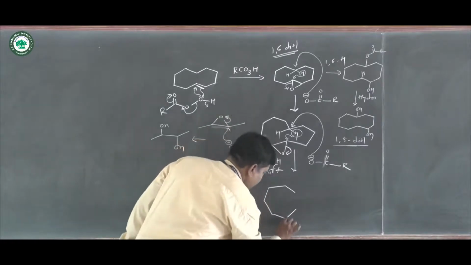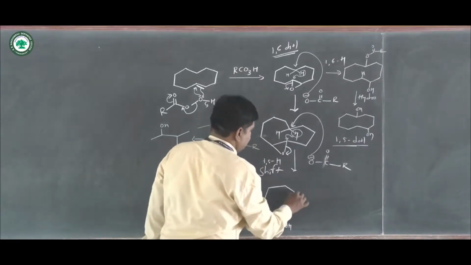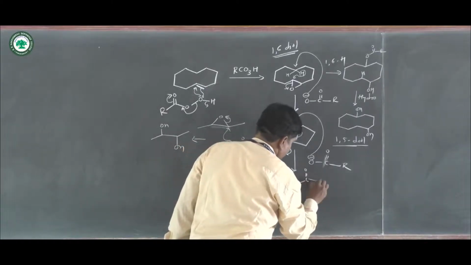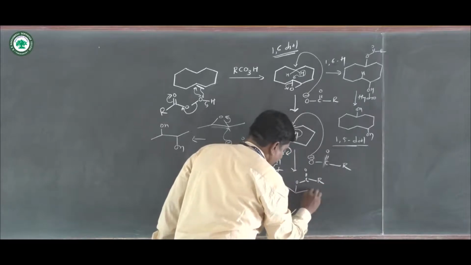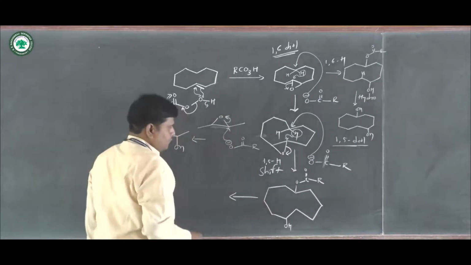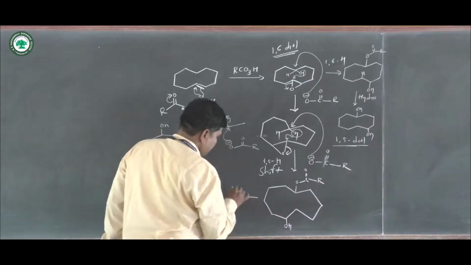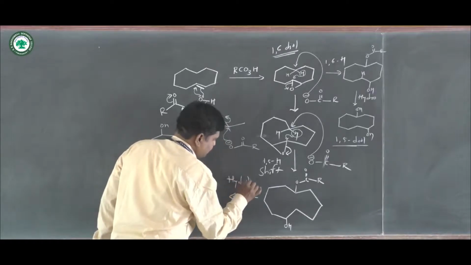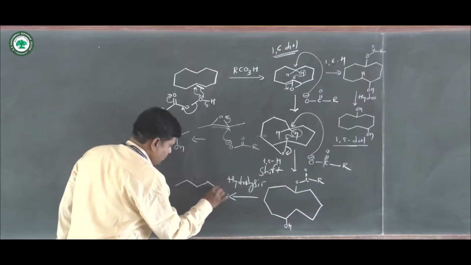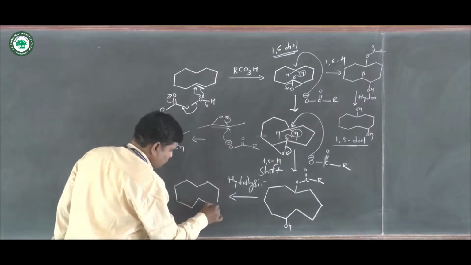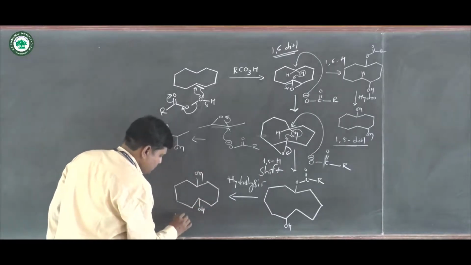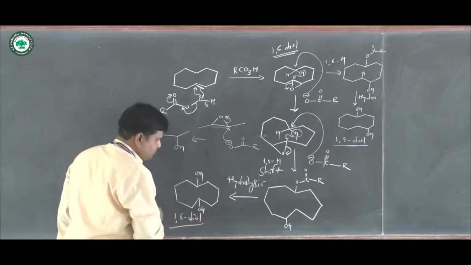Here we have one hydroxyl group, and here your acetate group, and like this we get this product. After hydrolysis we get your desired product, which is the 1,6 diol.